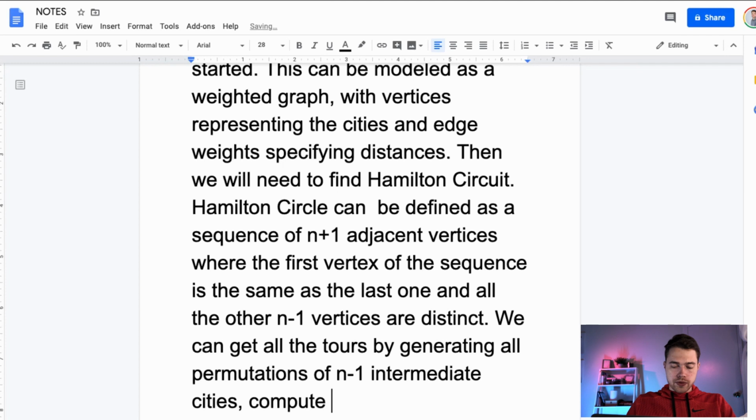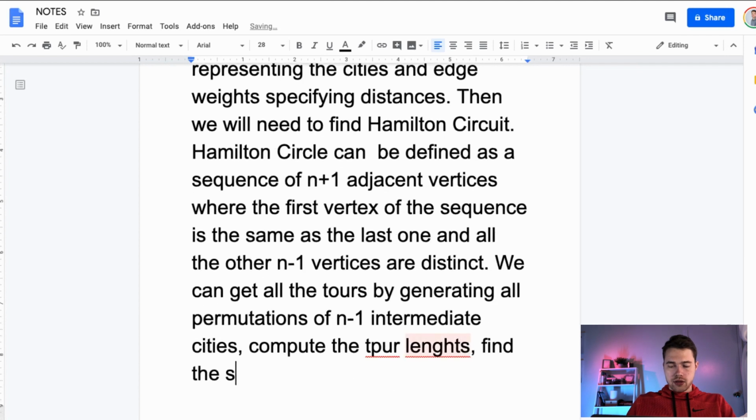Then compute the tour lengths and find the shortest ones. Okay, or one length. Find the shortest ones.